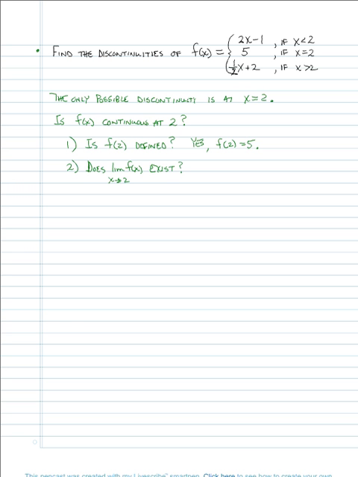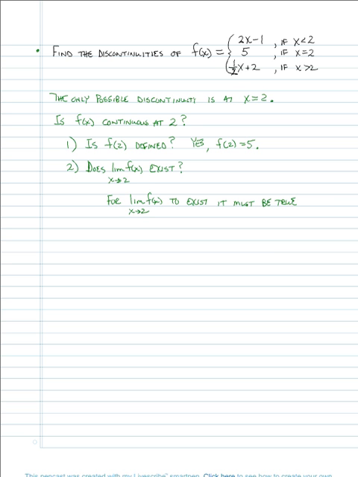But let me remind you, in our limit discussion, when we talked about left-handed and right-handed limits, we said that for the limit of f of x as x approaches 2 to exist, it must be true that the sided limits exist.